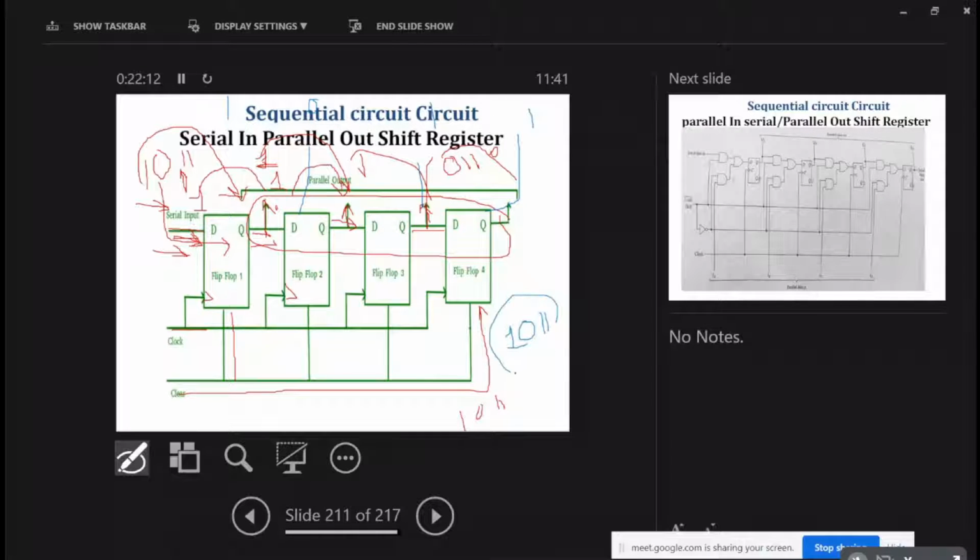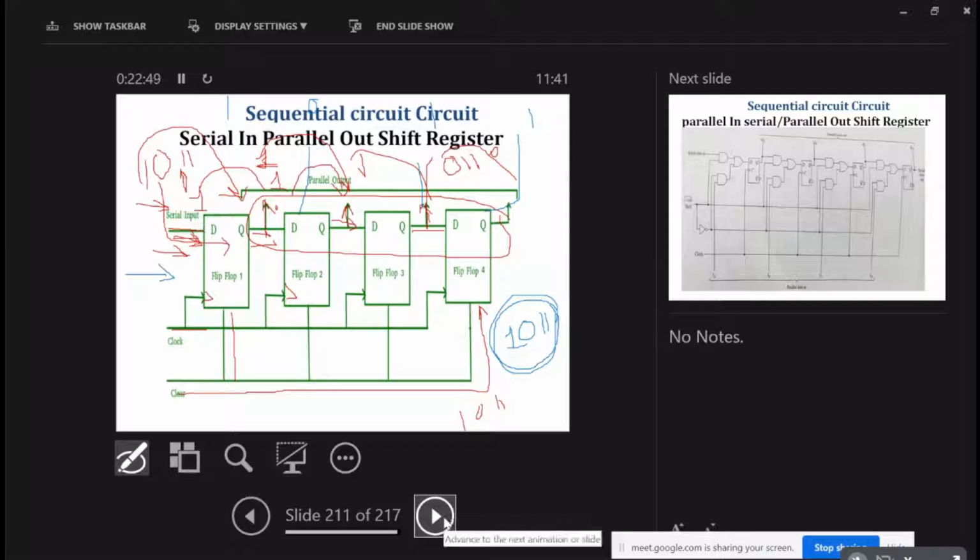Because 4 parallel wires are connected at the output terminals of each flip-flop, we can get that information 1011 from those outputs. So this is the serial in, parallel out shift register. Here shifting is going on from left to right, so this is the unidirectional shift register.